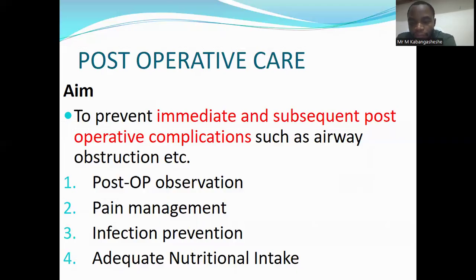So we want to prevent such infections that may alter or delay wound healing, or bring about various complications that may lead to mortality or death of the patient. An example is sepsis, where infection and toxins spread to the circulatory system, overwhelming the body, causing septic shock and eventual death of the patient.